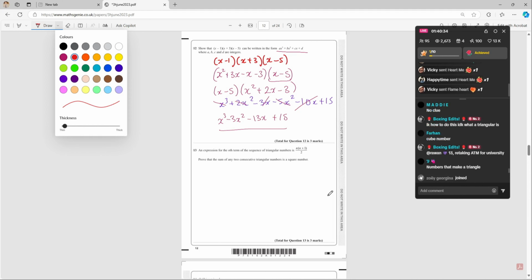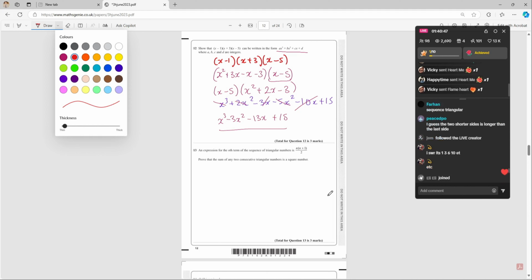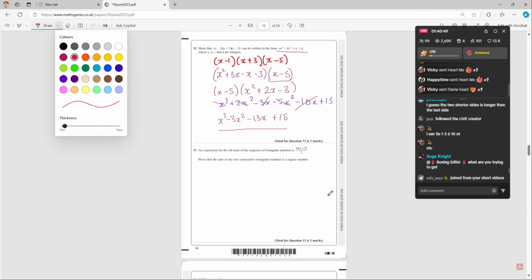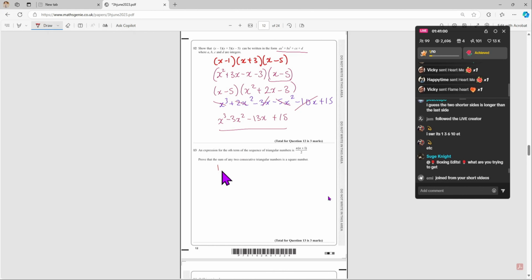So, what a triangular number is, when I search on Google, it says any of the series of numbers 1, 3, 6, 10, and 15 obtained by continuous summation of the natural numbers 1, 2, 3, 4, 5, and 6. So what it basically means is that this is a pattern of triangular numbers, okay?